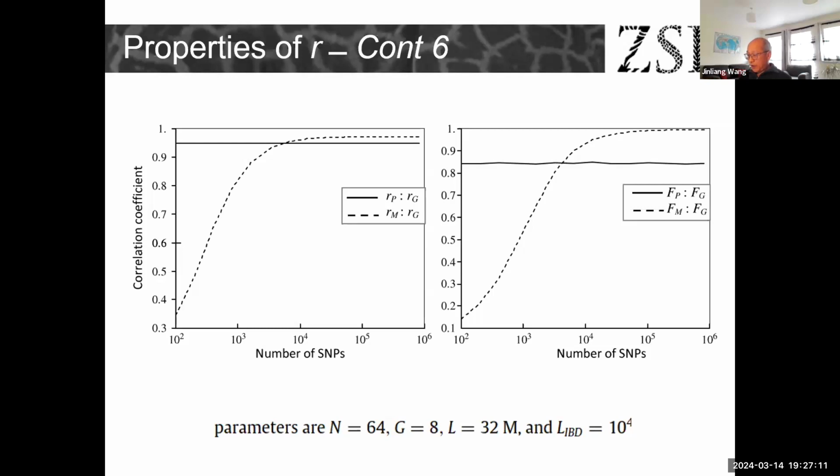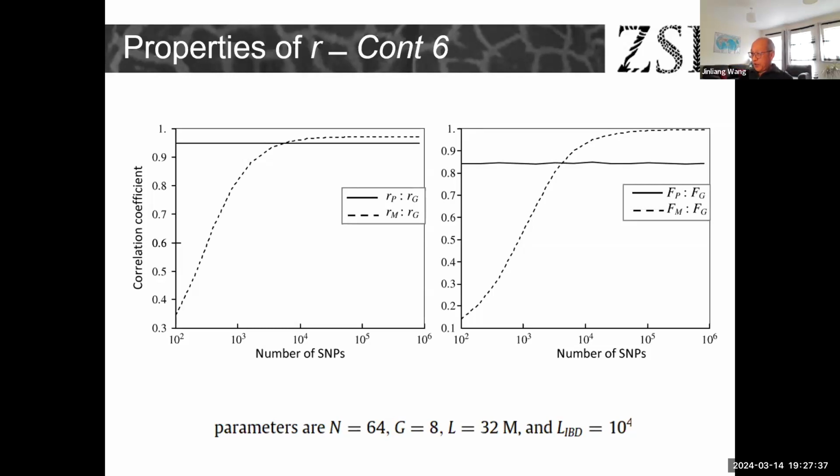This graph shows the changes in the correlation between marker-based relatedness and true genomic relatedness, and the correlation between pedigree-based estimates and true genomic relatedness.